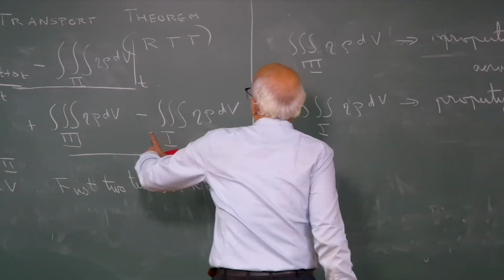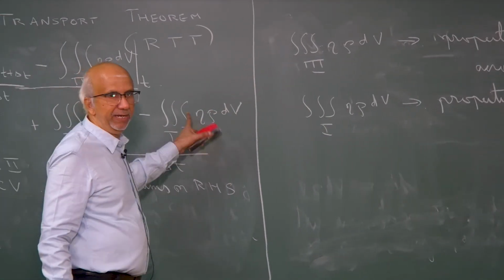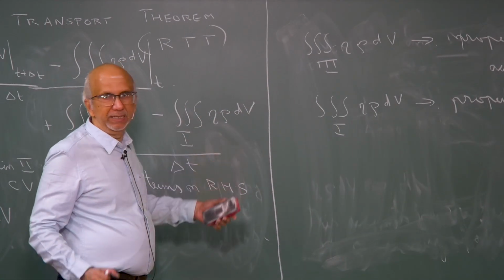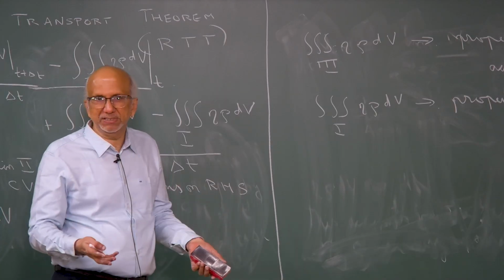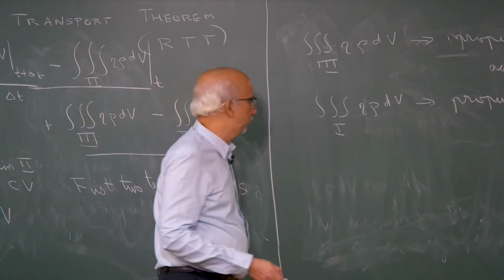So, this is going out, this is coming in, and this minus this is the net rate at which the property has left the control volume.